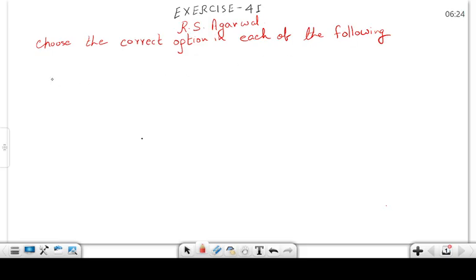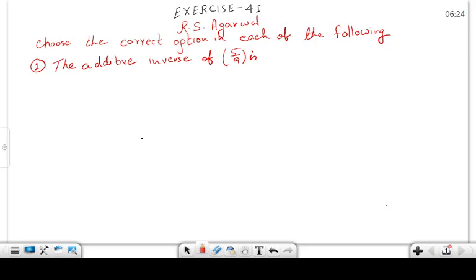Now here you see, question number 1 is: the additive inverse of 5 by 9 is. What is the additive inverse?